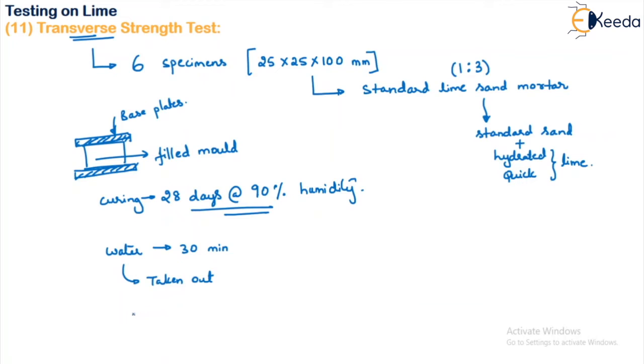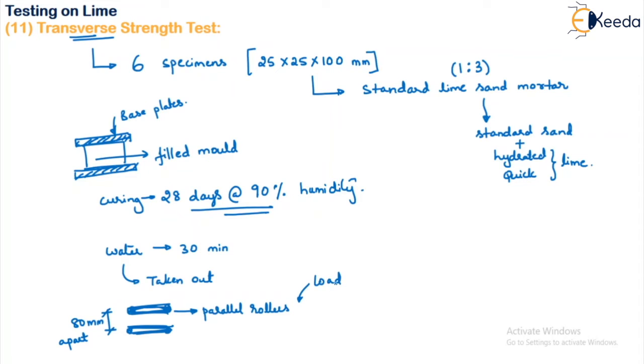and place it between the two parallel rollers like this. These parallel rollers will be about 80 mm apart, and we start applying the load on these rollers.